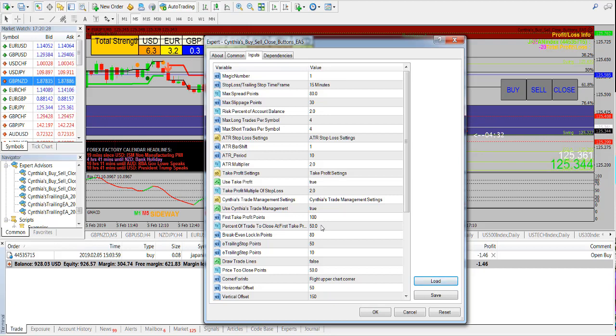That's the smallest lot size for a micro account, because if it's going to book half of your lot size, you need to have at least a 0.02 trade to start with, and the risk percent of the account balance is default 2%, which for most accounts will give you a 0.02.